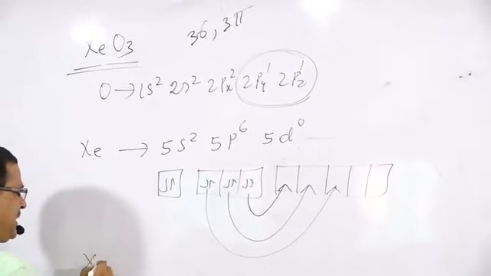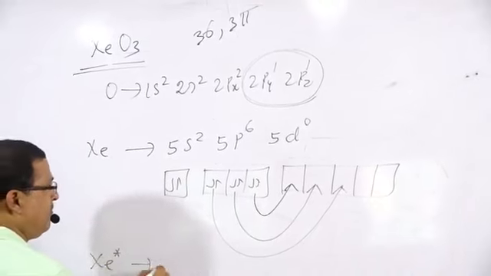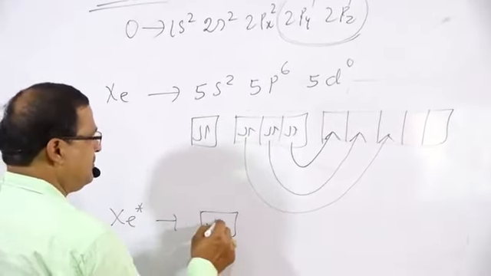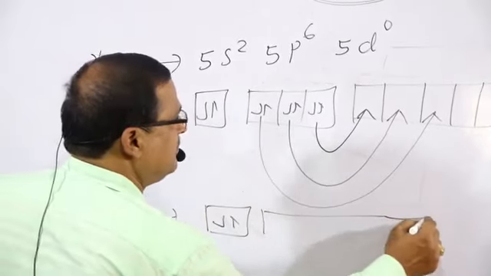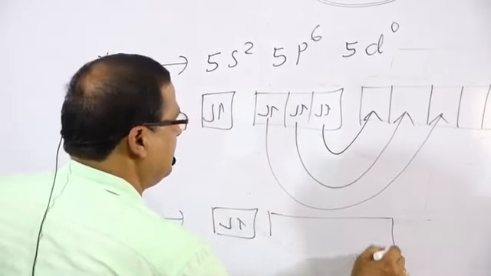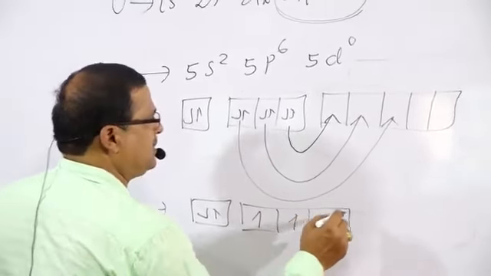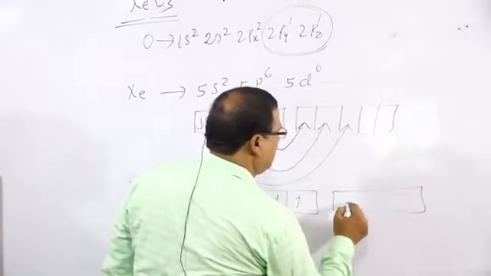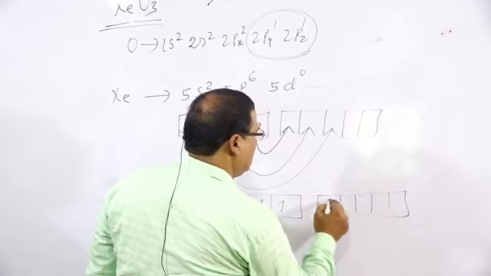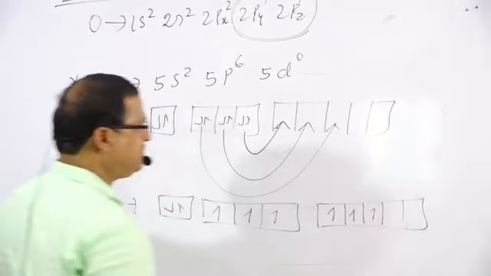So the xenon atom is excited and contains 3 unpaired electrons, and 3 unpaired electrons also.